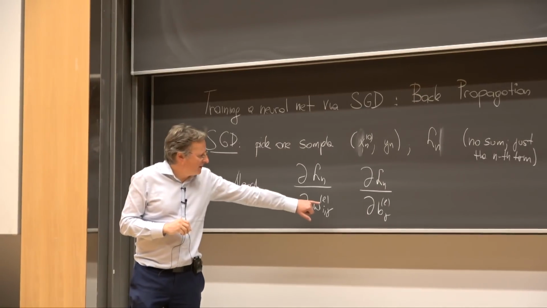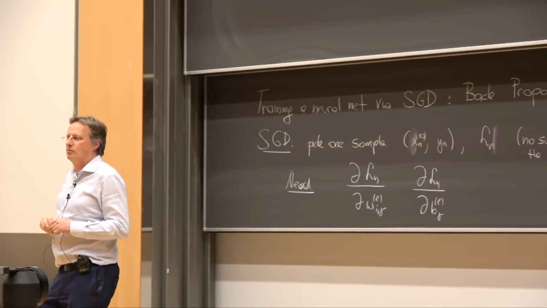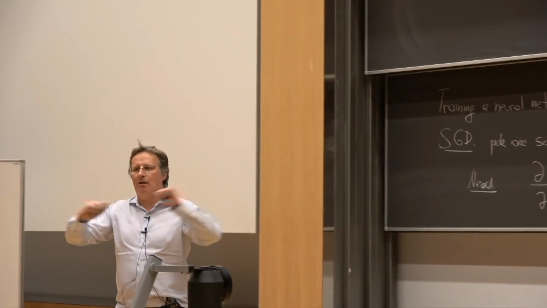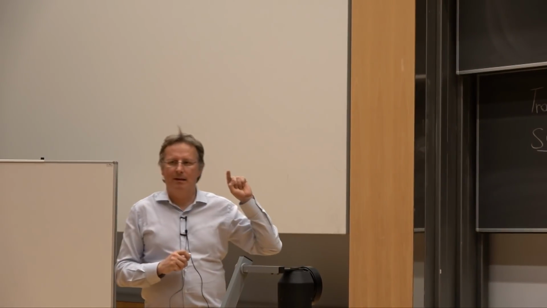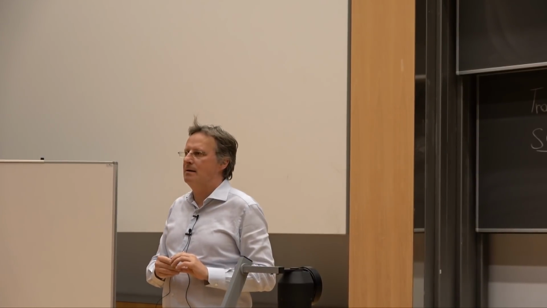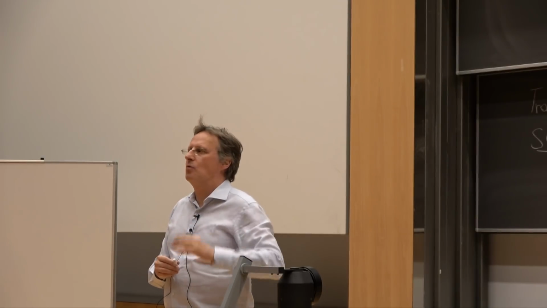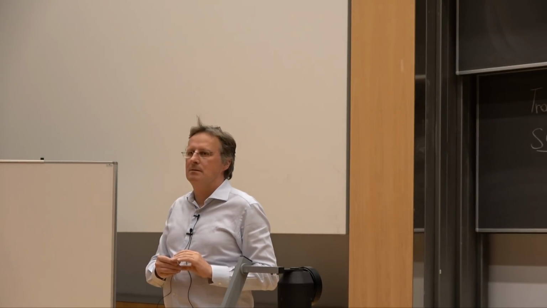And when I write each, it means I have to go over all l, over all i, and over all j. That's what I have to do. Once I have it, I get a large vector. I walk a little bit in the opposite direction of this vector, update my weights, and then go on. Clear what we have to do? Okay, we take a break, and when we come back, we'll see how we do it.